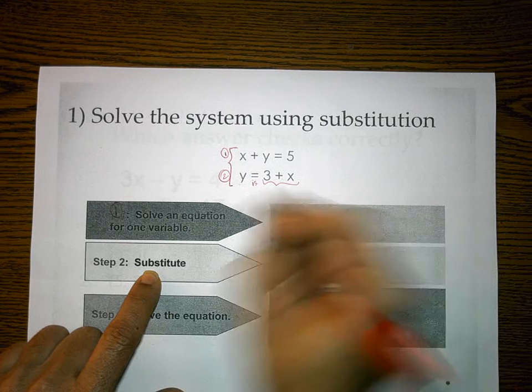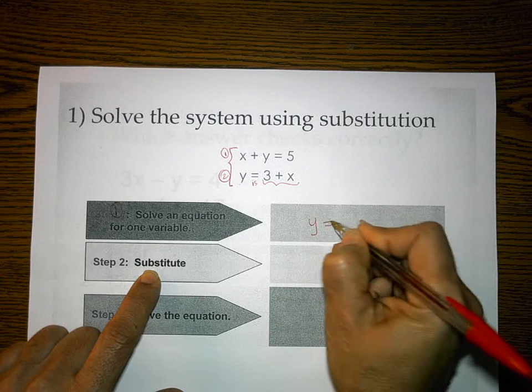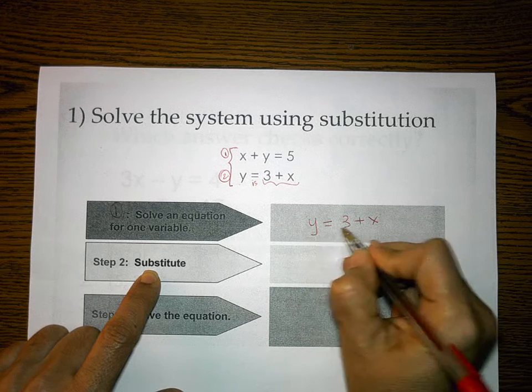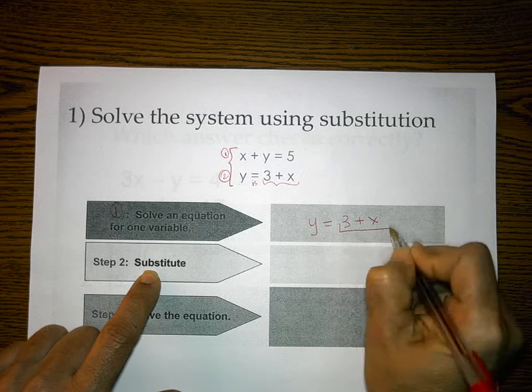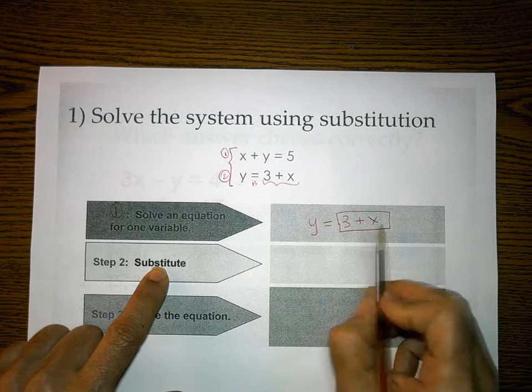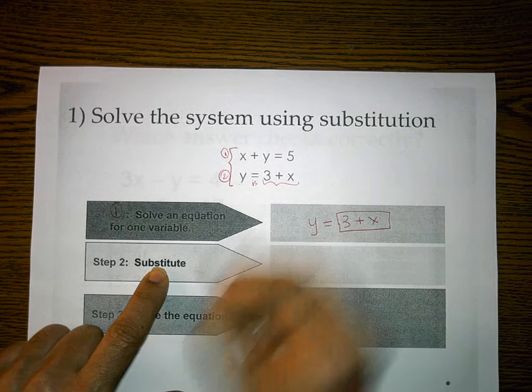It says step number 1, solve an equation for one variable. I already have it. I'm going to use y equals 3 plus x. So whenever I see a y, I'm going to replace it with 3 plus x, okay? So substitute that value of y into the other equation.